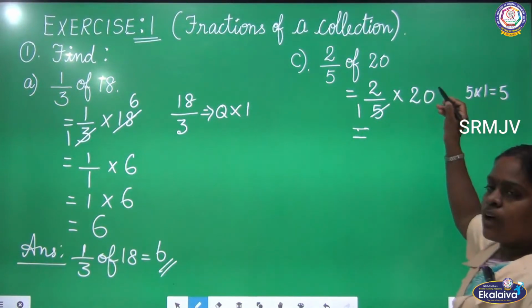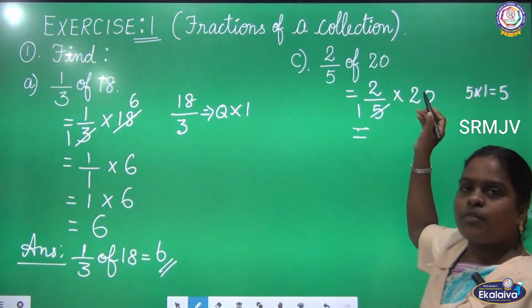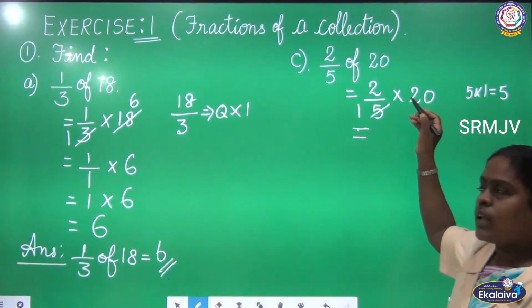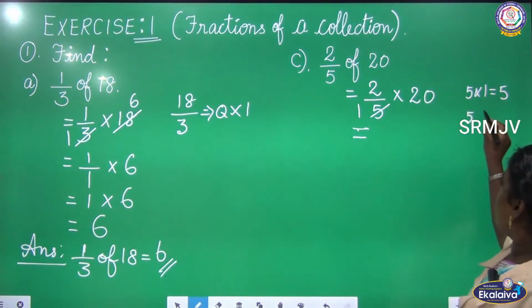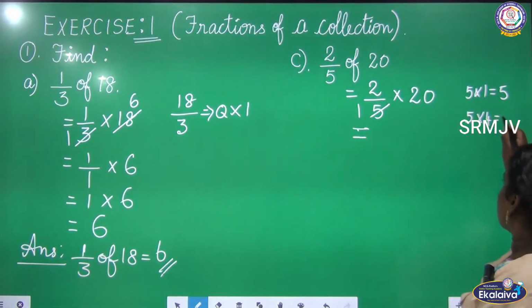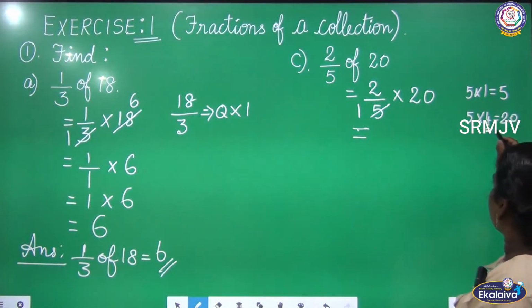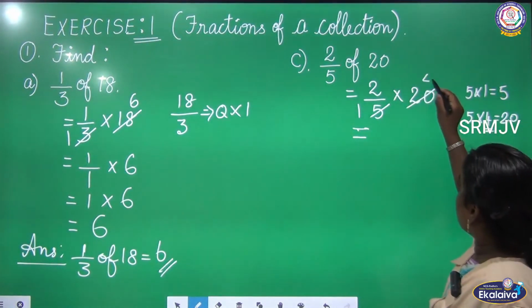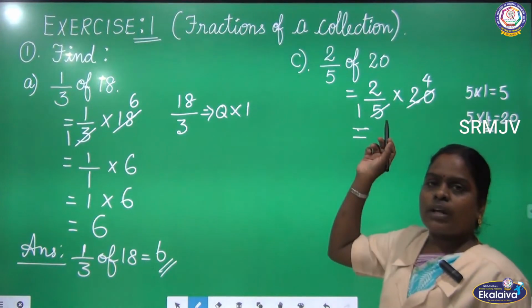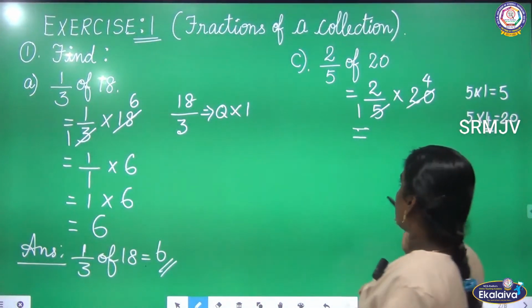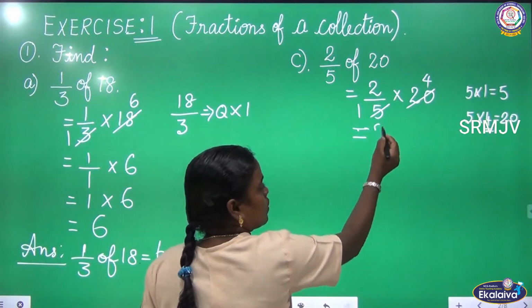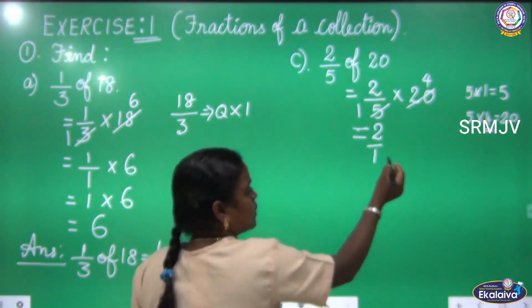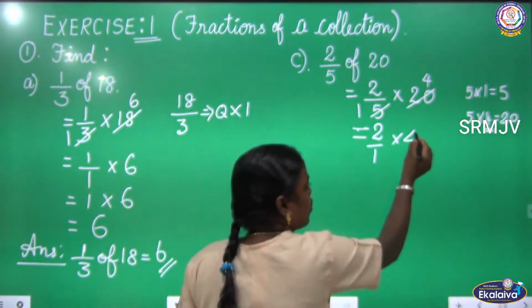And here when will you get 20 in 5 times table? Yes, 5 4s are 20. So we are going to write 4 and cancel the number. So now look at the remaining numbers. 2 by 1 into 4.